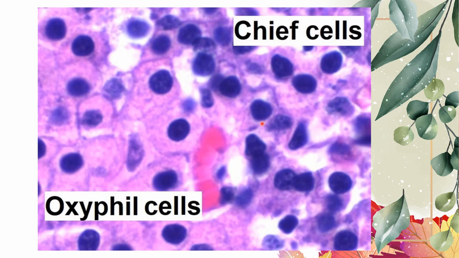This is H and E staining. Here you can see larger rounded cells which show strong eosinophilia; these are the oxyphil cells. These are the smaller cells which show basophilia and rounded nuclei; these are the chief cells.